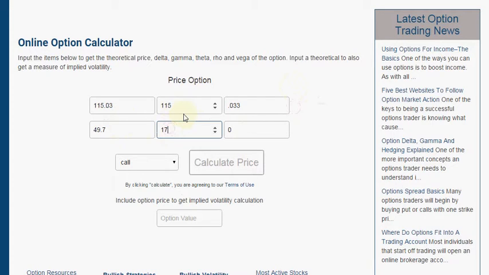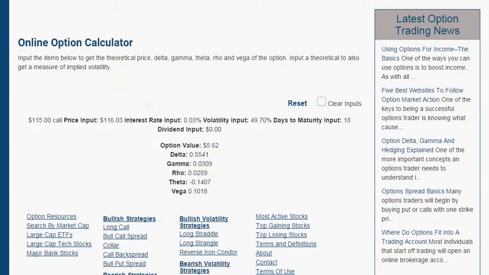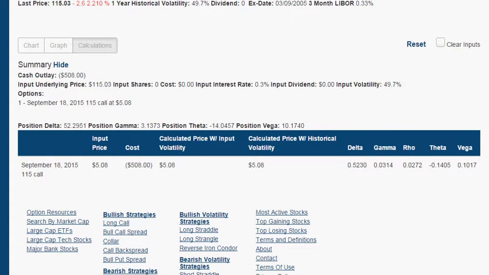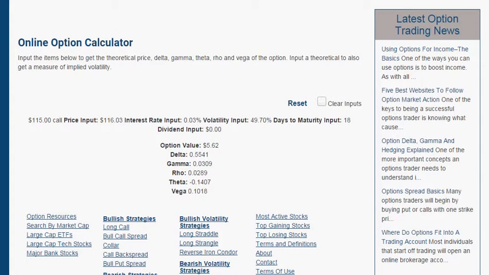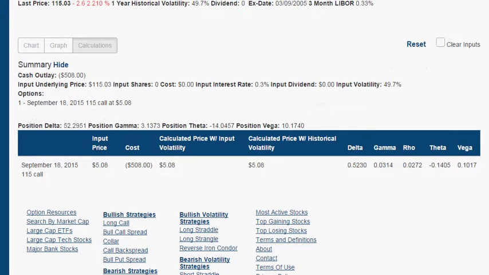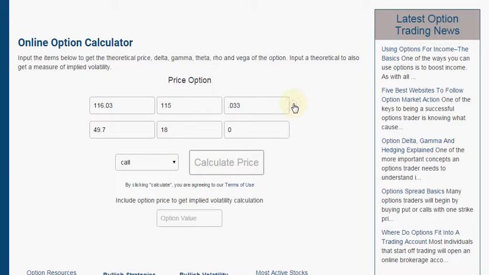If we bring back Theta here, and the stock price goes up to 116.03, calculate the price, 5.62, and as you can see, we do have the delta plus the gamma, and considering that it's not constant, we get a $54 move in our position, from 5.08 to 5.62, $54. Now, what happens if it goes down in price?